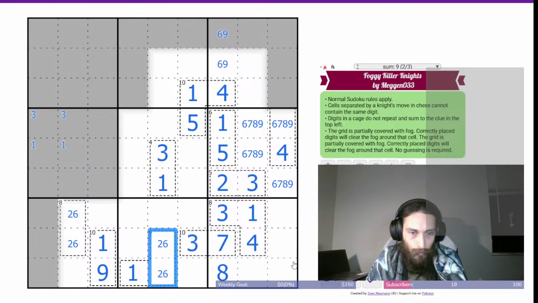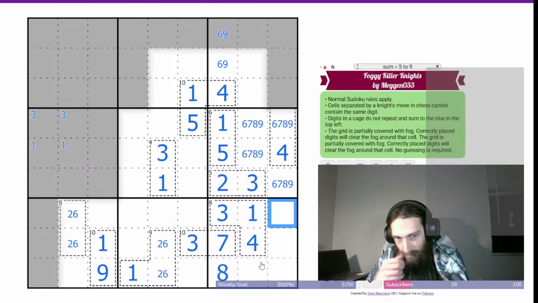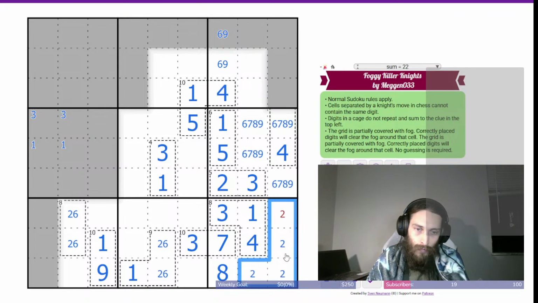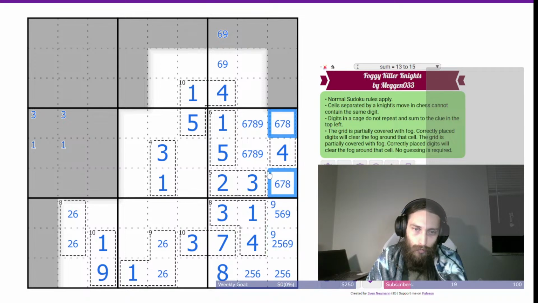6 there, we see both. Five, 6, 9 has to be only 2. 2, 6, this. 2, 5, 6, see that.